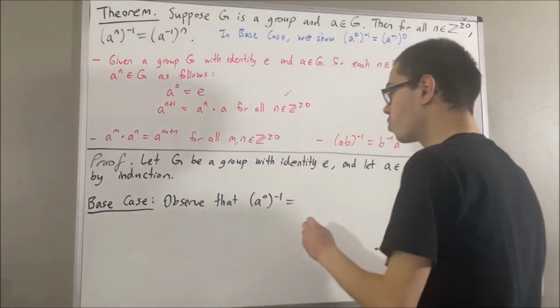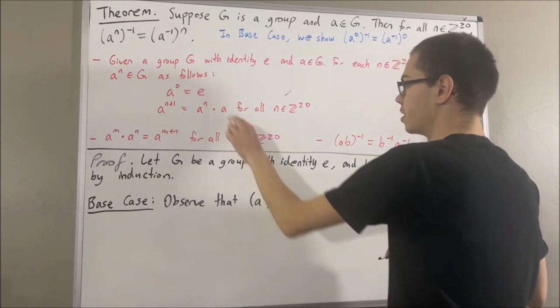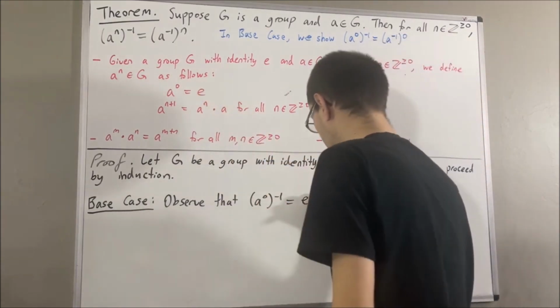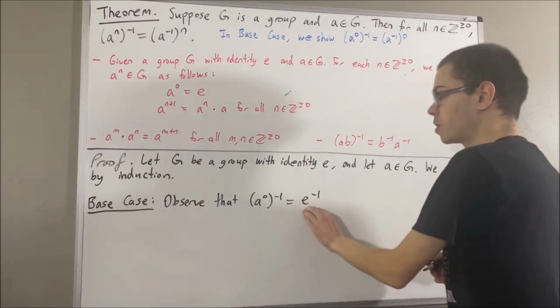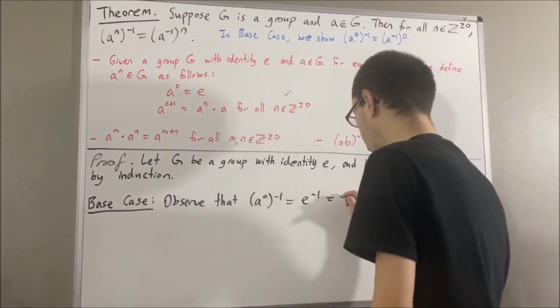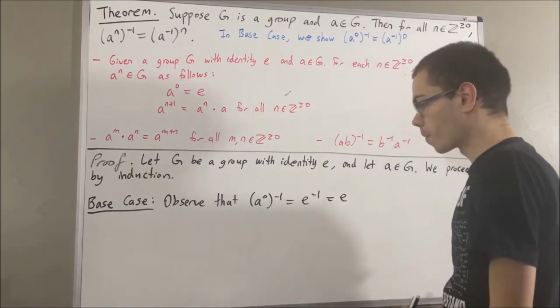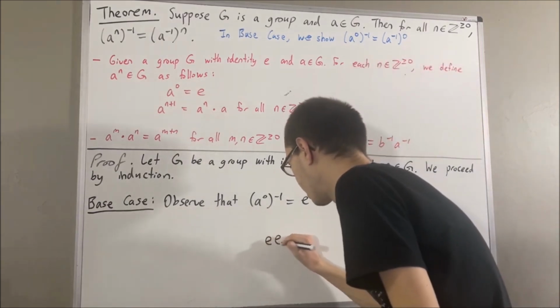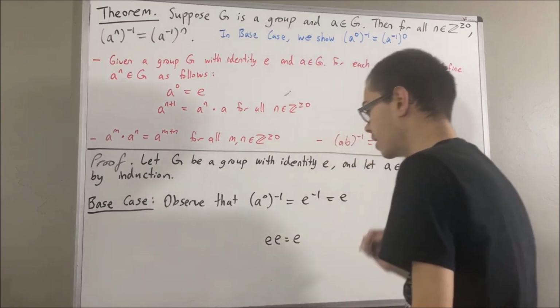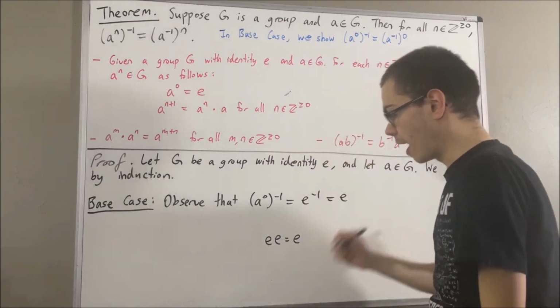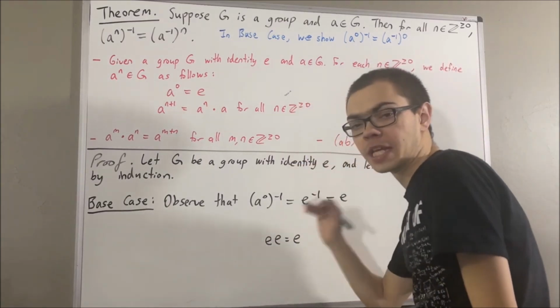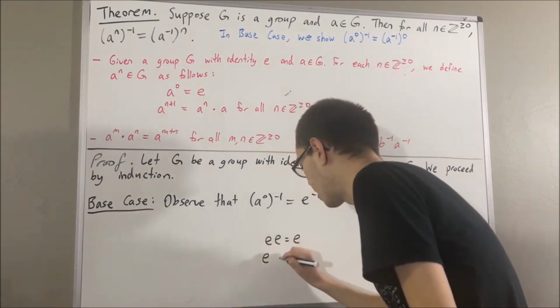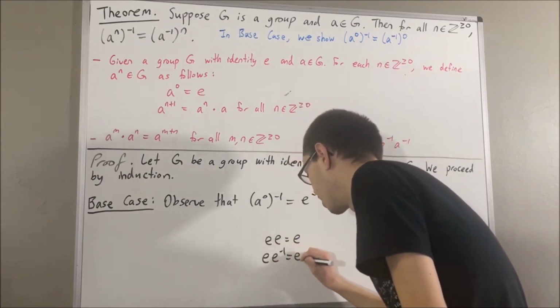Now, we know that A to the power of 0 is equal to the identity element. But then, the inverse of the identity element is equal to the identity element, because if we recall from the definition of the identity element, we know that the identity times the identity is equal to the identity, and we know by definition of the inverse of an element, the identity times its inverse is equal to the identity as well.